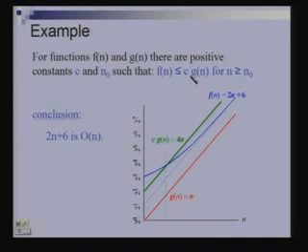The constant c is 4, and n naught would be this point of crossing, beyond which 4n becomes larger than 2n plus 6. What is this point of crossing? At what point does 4n become larger than 2n plus 6? 3. So your n naught becomes 3 here.